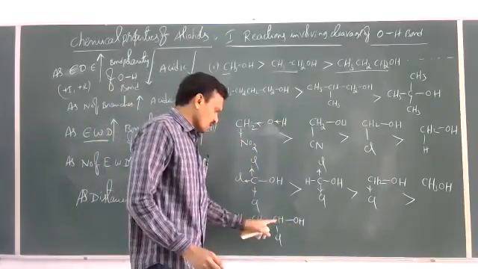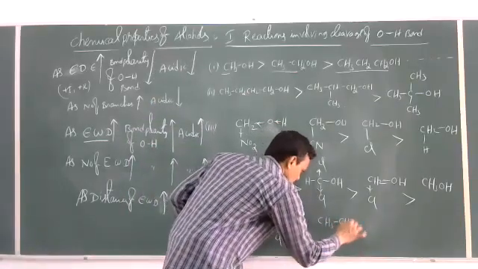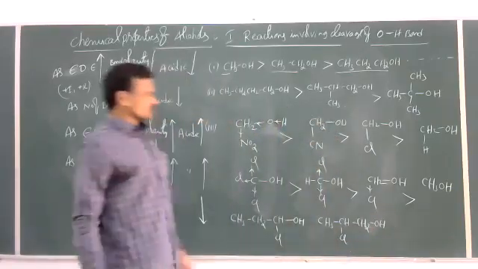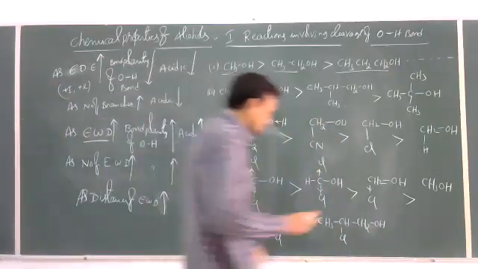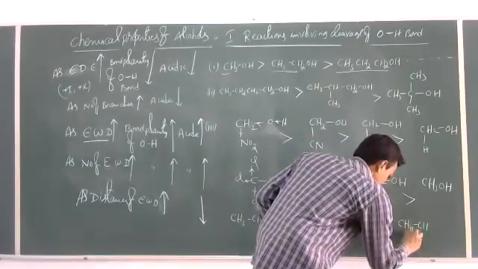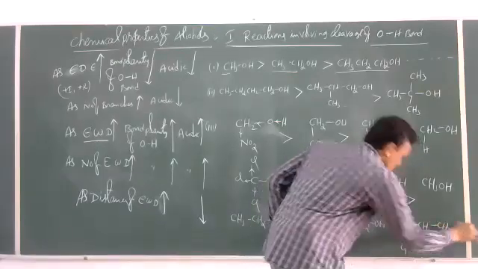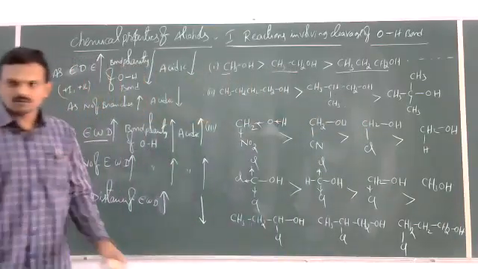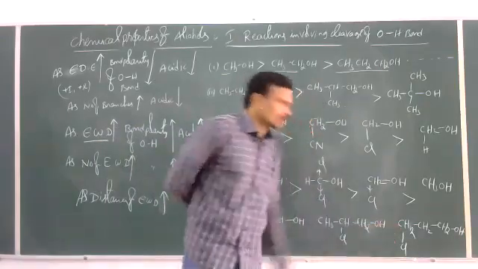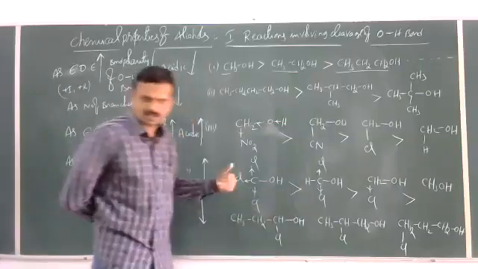Nothing but 1-chloropropanol. This is one more: CH3CHClCH2OH. This is 2-chloropropanol, and then CH2ClCH2CH2OH. This is 3-chloropropanol. 1-chloropropanol, 2-chloropropanol, 3-chloropropanol: 1, 2, 3 means the distance of chlorine from the OH group increases.